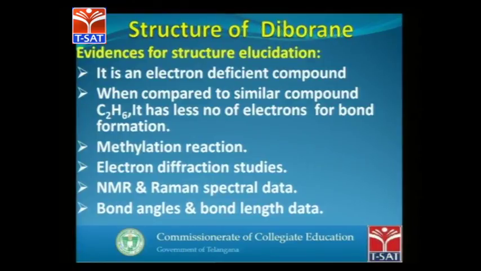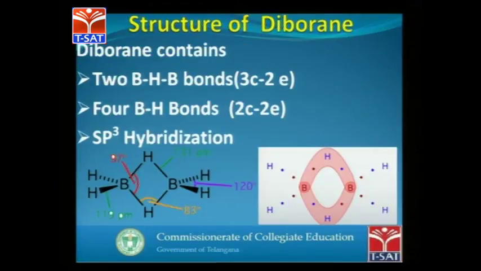NMR studies also show that all 6 hydrogens are not identical: 4 hydrogens gave one type of signal, 2 hydrogens gave another. The bond lengths are also different. These 4 bonds have a bond length of 1.33 angstroms.